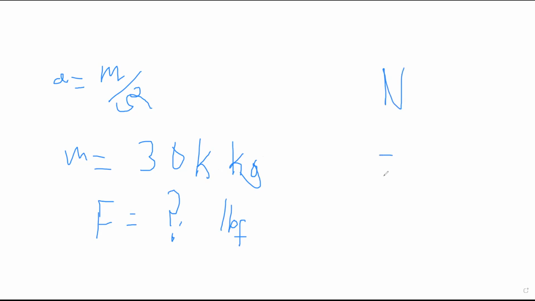In imperial, or as we discussed last week, US units, the unit for force is pounds force. Now what we need to find is the conversion factor from pounds force to Newtons, or from Newtons to pounds force.